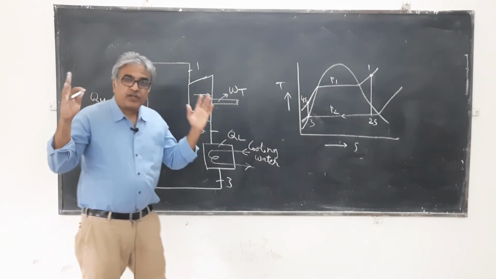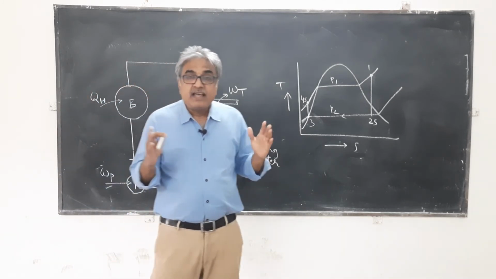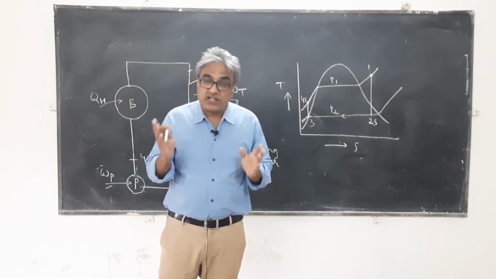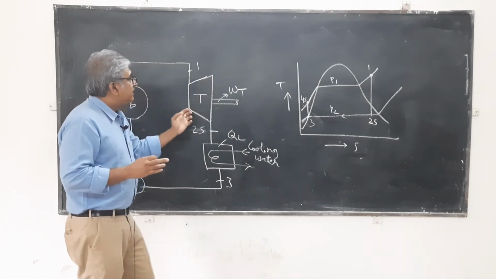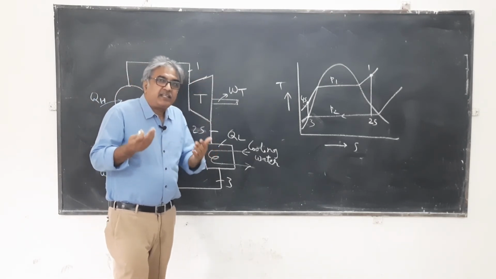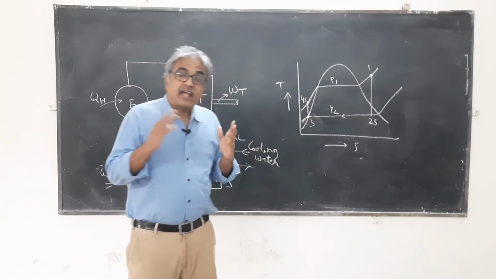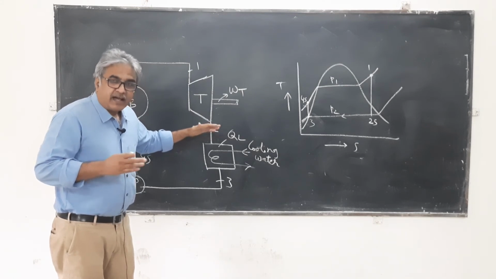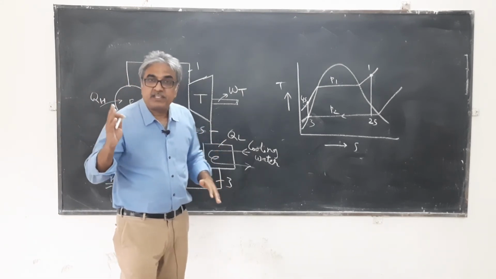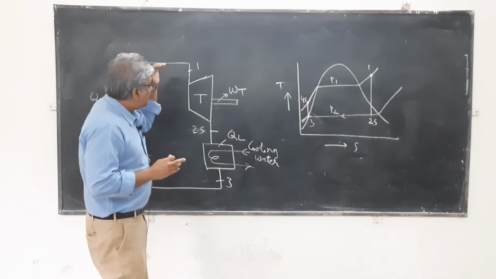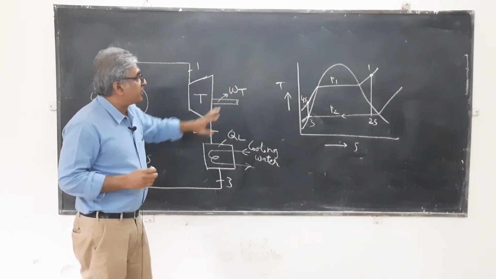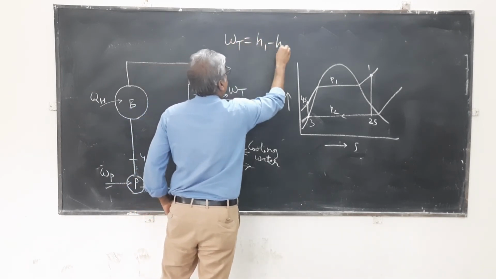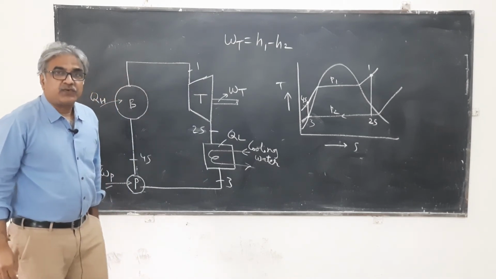So if you recollect the steady flow energy equation, neglecting kinetic and potential energy, and if you consider that the heat transfer from the turbine is negligible, then essentially it's the enthalpy difference. You can revisit the steady flow energy equation in my videos. So the enthalpy difference gives you WT. The shaft work WT is H1 minus H2.